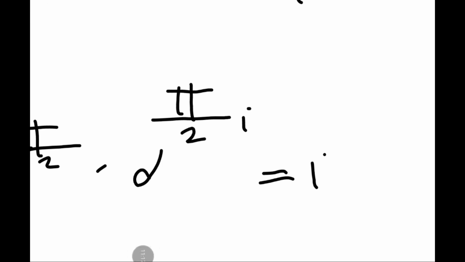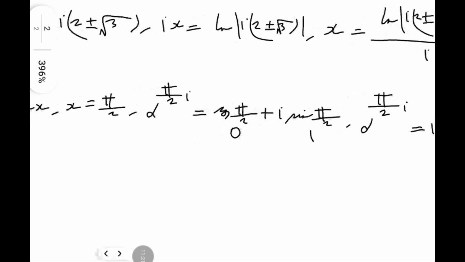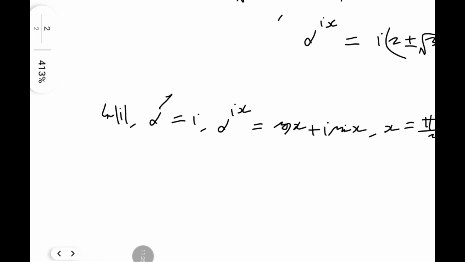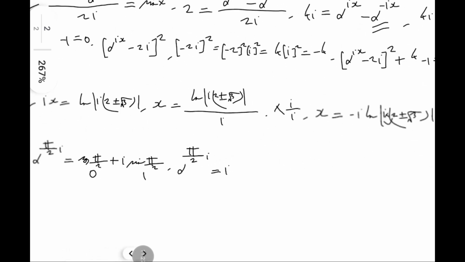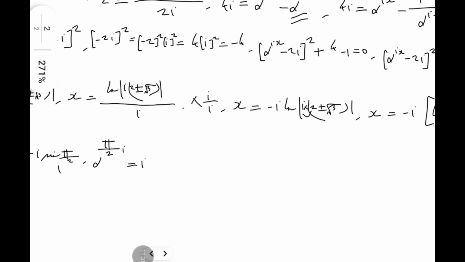So with this we can basically do the next part, which is that we can now very easily change that. We know that y, which is ln of i, is equal to pi over 2 times i.